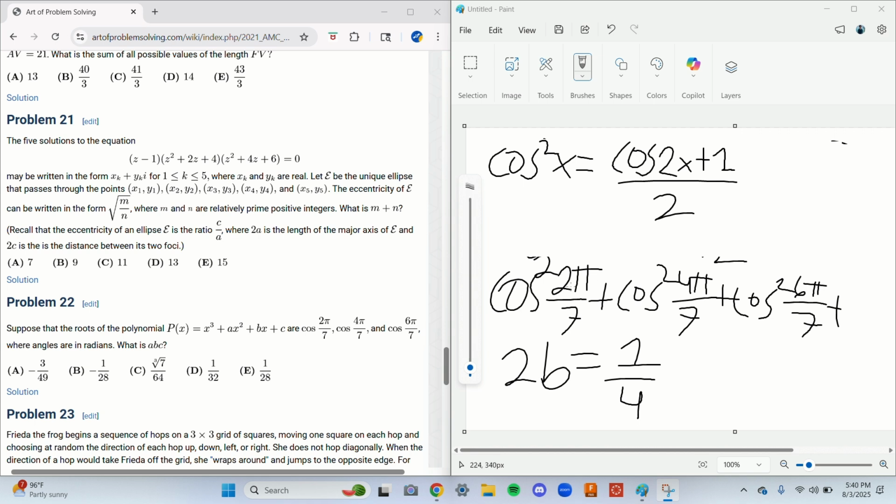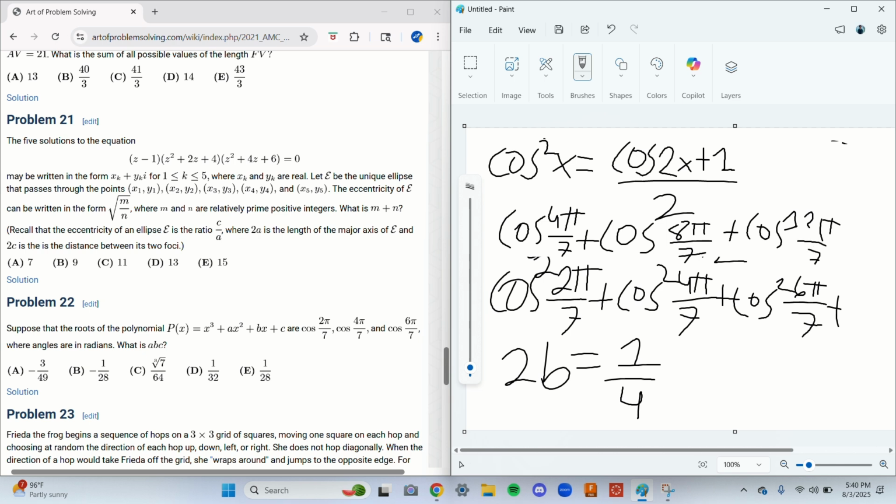So what's cosine squared of 2 pi over 7? Well, that's cosine of 4 pi over 7 plus 1 over 2. Cosine squared of 4 pi over 7 is going to be cosine of 8 pi over 7 plus 1 over 2. So basically the sum is going to be cosine 4 pi over 7 plus cosine 8 pi over 7 plus cosine 12 pi over 7, and then we take this whole expression, divide it by 2 and add 1.